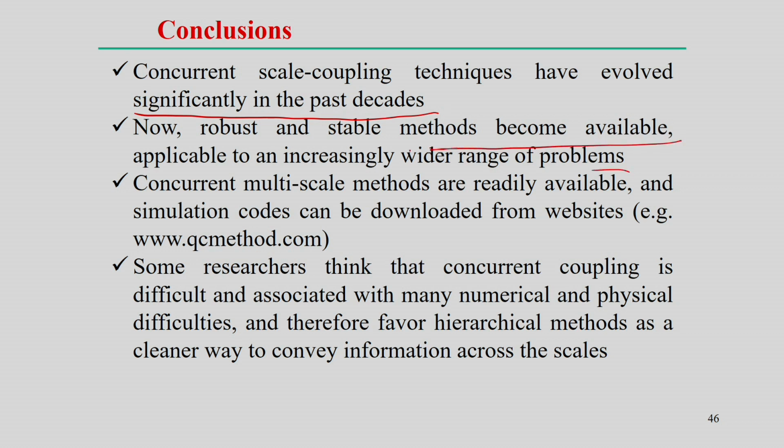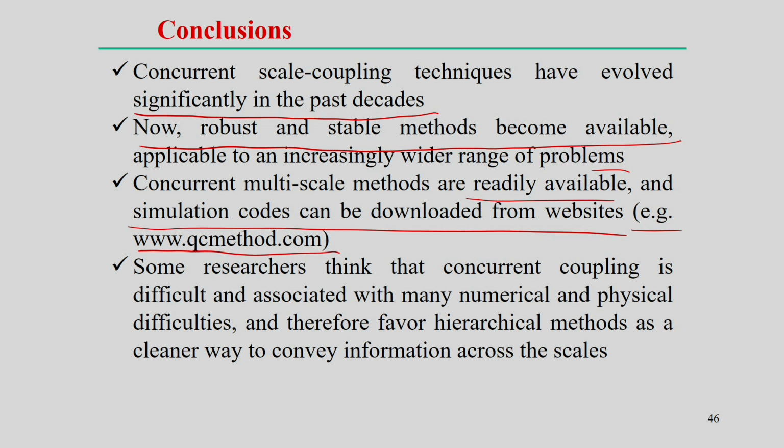I think they are now available, but we need a separate study to utilize the different multi-scale modeling approaches. Concurrent multi-scale methods are readily available, and simulation codes can be downloaded from websites also. From this website we can get lots of concurrent multi-scale approaches or models.